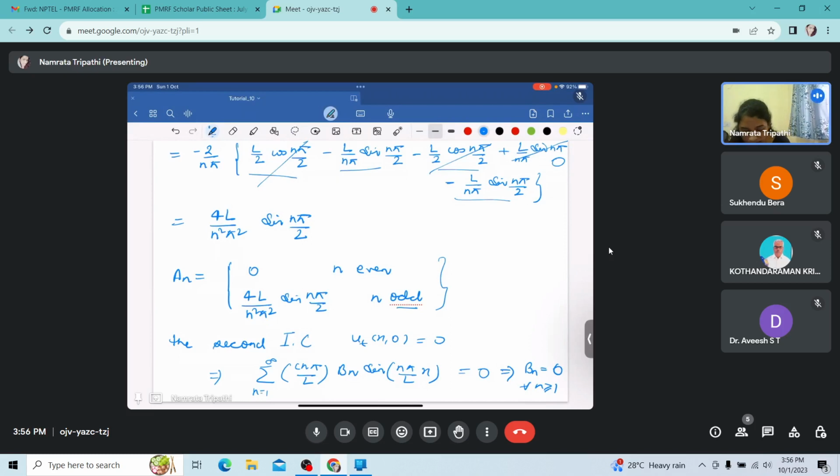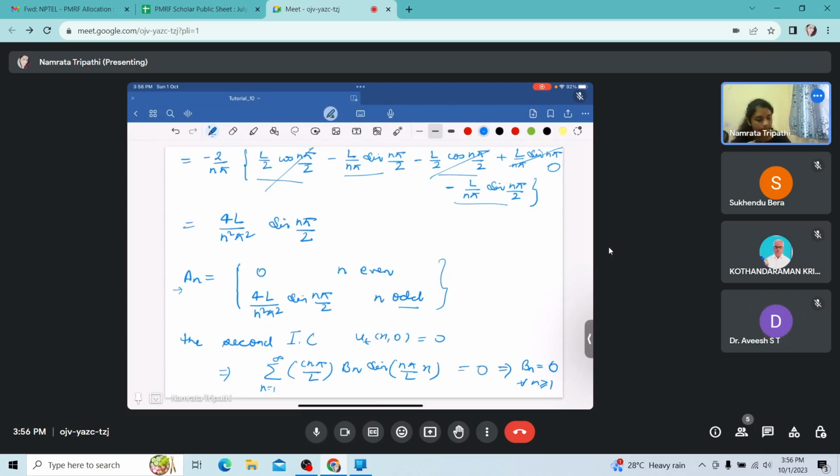Because the first initial condition is the same, just the difference is that at the place of L we have provided L equal to 20. So can we put L equal to 20 in this expression? Yes, ma'am. Okay.